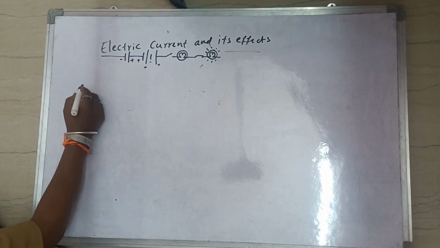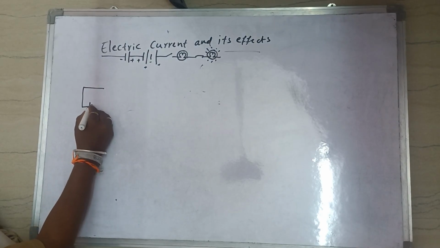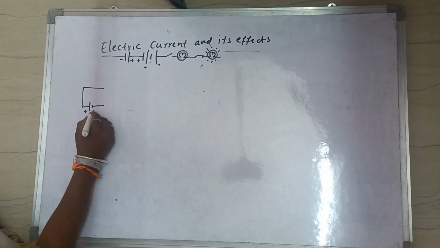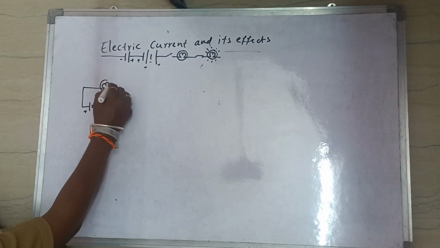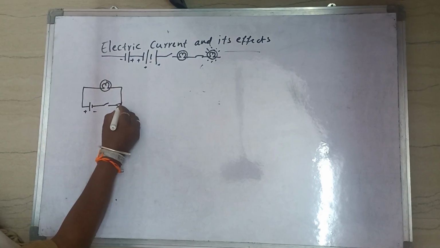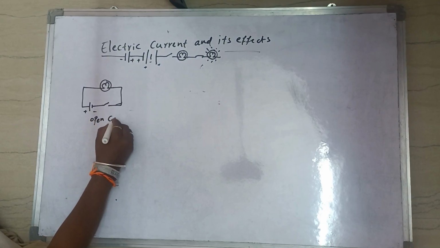We know that whenever we connect, this is a circuit, this is a cell, plus minus, switch off, and this is the bulb in off condition. This is an open circuit, which we studied in 6th class.